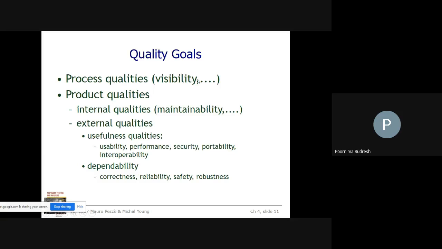This process visibility includes a careful distinction among the dependability qualities, which means we need to identify the differences among the dependability qualities.